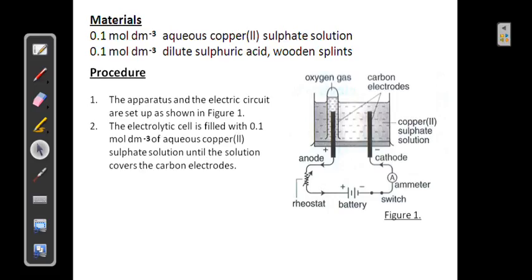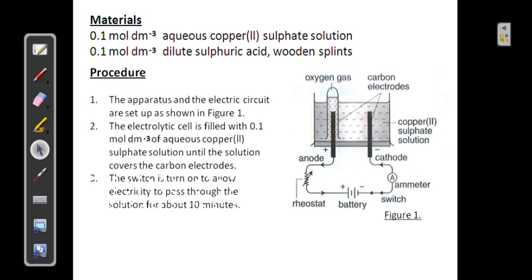The electrolytic cell is filled with 0.1 mole per cubic decimeter of aqueous copper 2 sulfate solution until the solution covers the carbon electrodes like normal, right? Then the switch is turned on to allow electricity to pass through the solution for about 10 minutes.